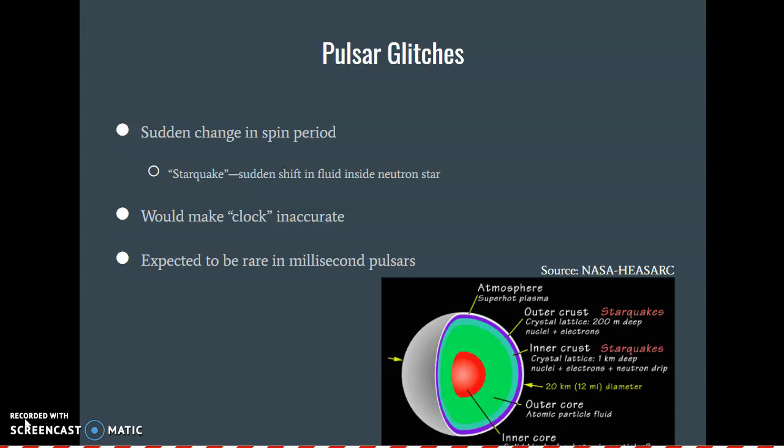A glitch is a sudden change in the period of the pulsar's spin, and therefore in the times of arrival of its pulses. And one way to cause a glitch is to have a parcel of fluid from inside the neutron star just suddenly shift outward, like a starquake.